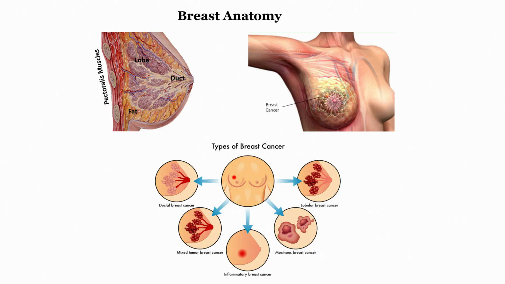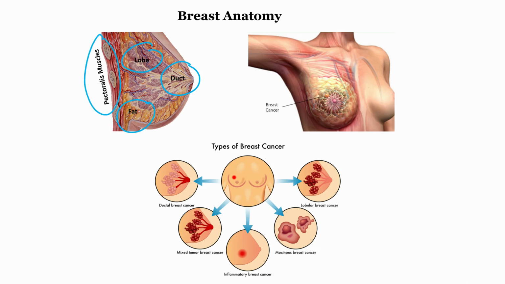All right. If you see the slide, when you talk about breast anatomy, the breast consists of ducts, lobes, fat and pectoral muscles.